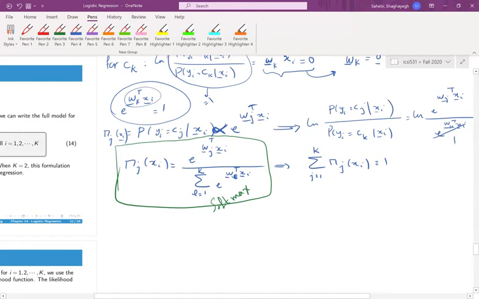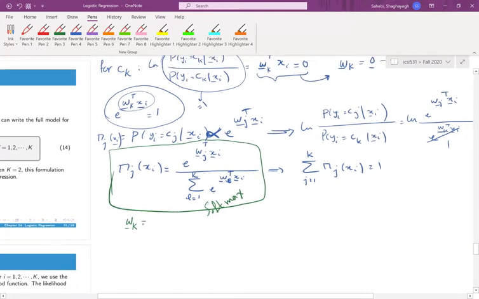So we have reduced finding a function p sub j that represents our classes to finding a good set of parameters wj's, w1 for class 1, w2 for class 2, etc., etc. And also at the same time, we know that wk, the vector of weights for class k, is also equal to 0 always, because we used class k as our base class.